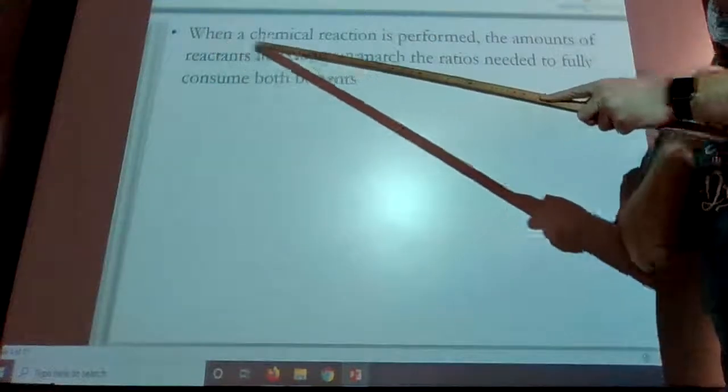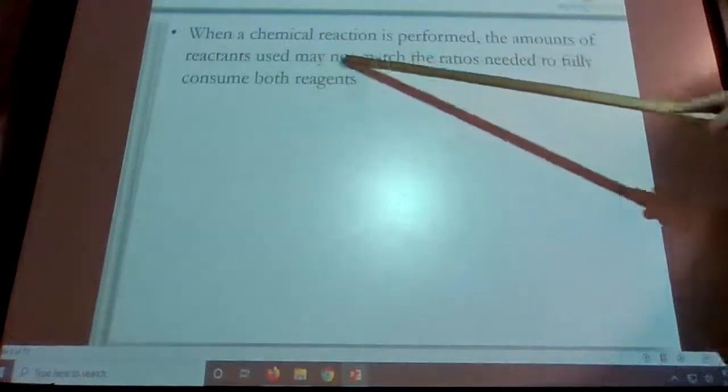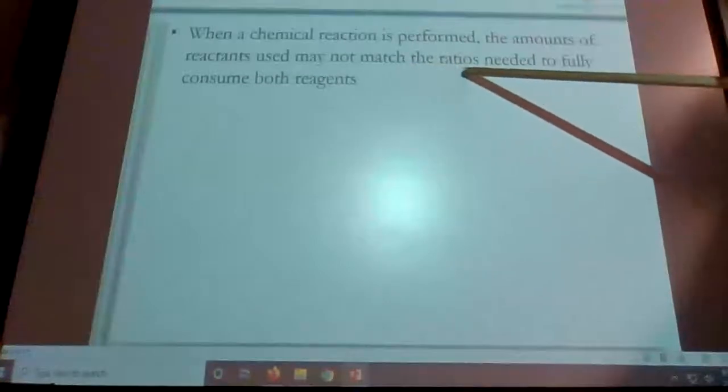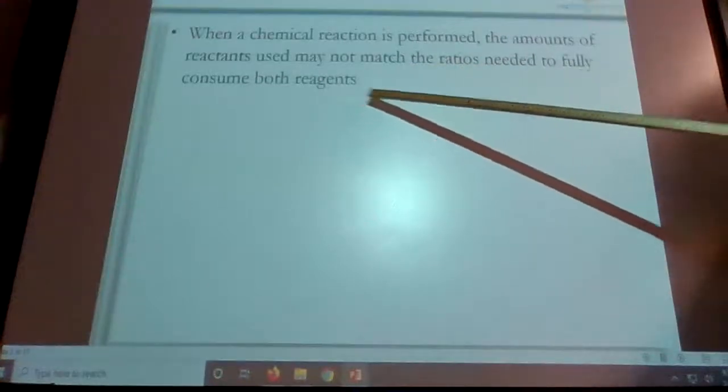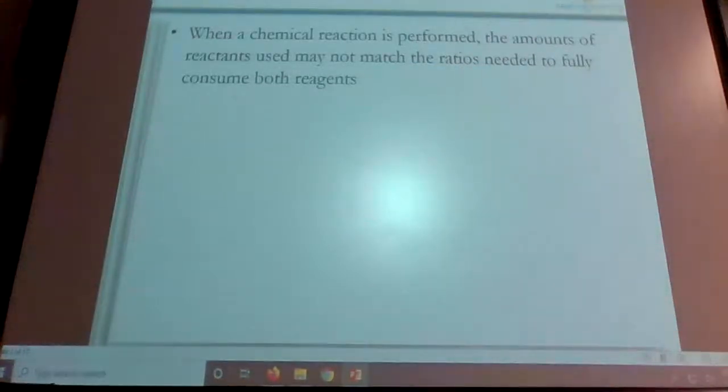So when a chemical reaction is performed, the amounts of reactants used may not match the ratios needed to fully consume both reactants. So basically, if I take two different chemicals and mix them together to create a third chemical, most of the time, unless I plan for this to happen perfectly, both chemicals won't just be completely gone.